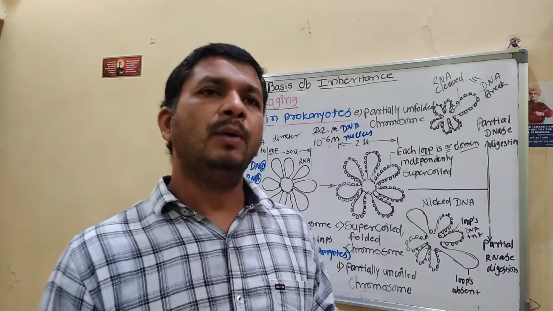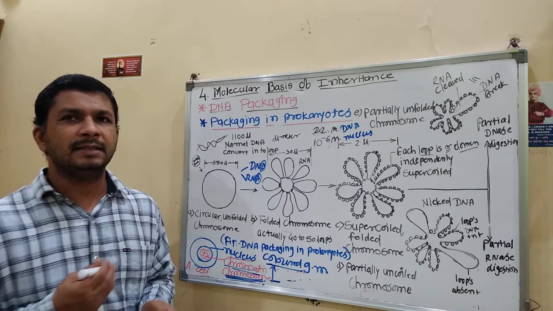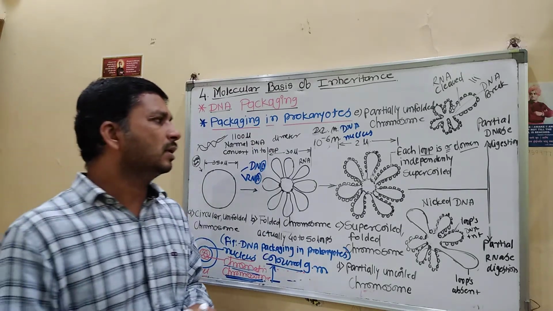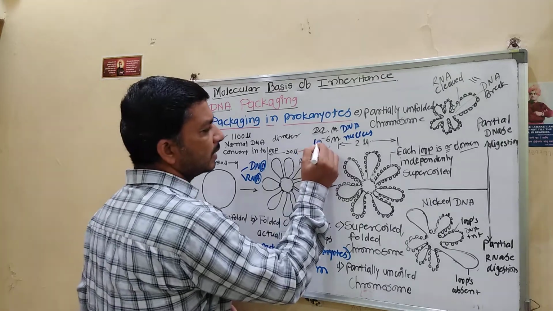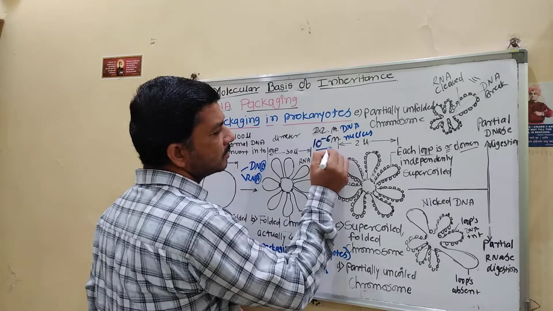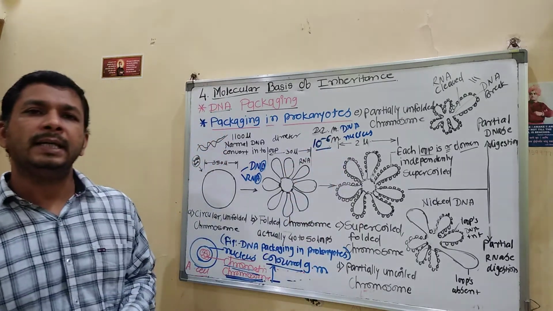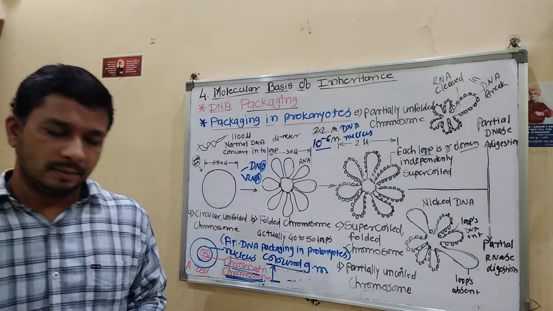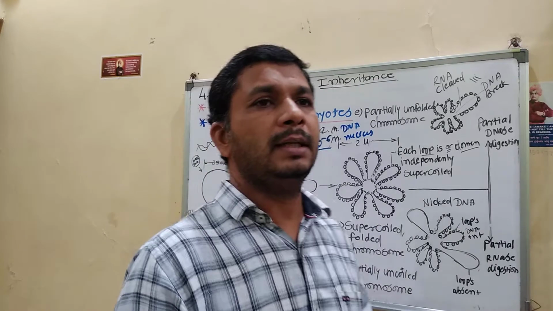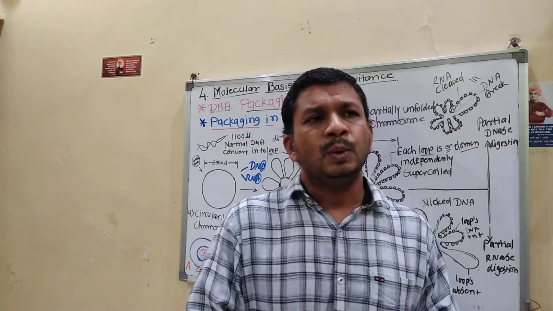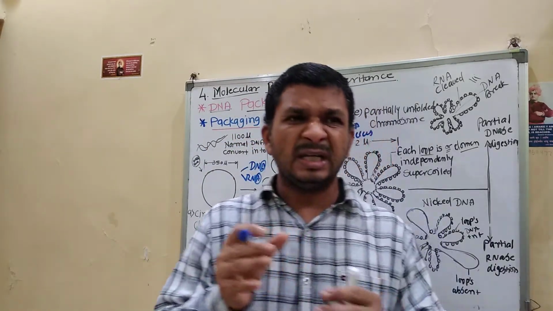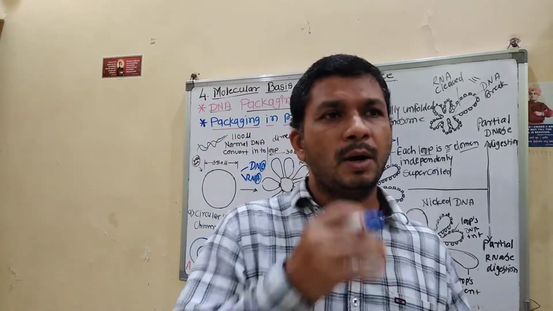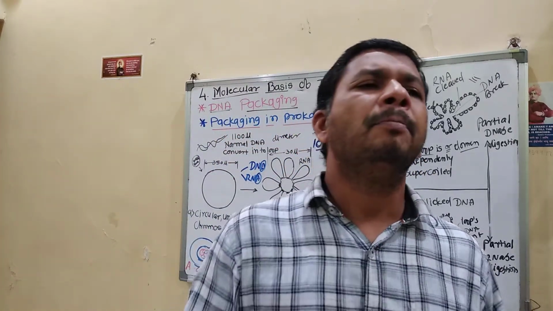Then about the DNA structure, or about the nucleus. The size of the nucleus I have already told you, that is 10 raised to power -6. Right? Then the question arises in your mind: how can DNA pack inside the small nucleus?